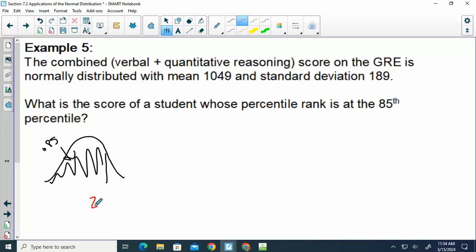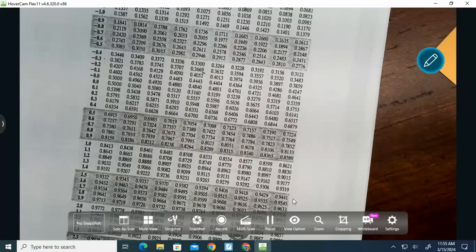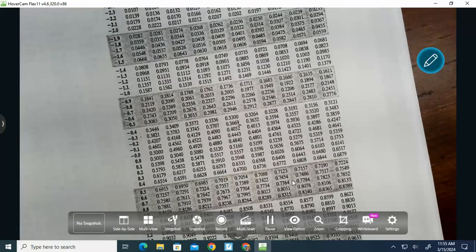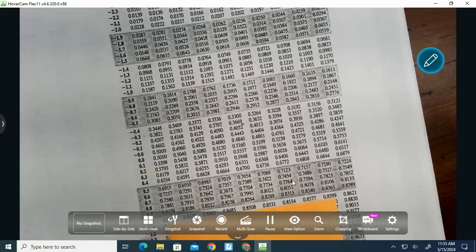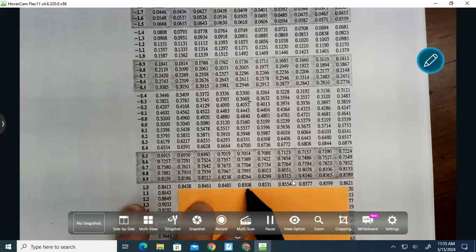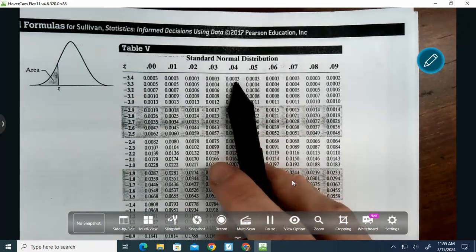If we know the probability, can we find the z? So we're going to our table. We're looking up the closest we can get to 0.85. So it looks like I have a 0.8485 and 0.8508. So 0.8508 is the closest, and that is at 1.04.